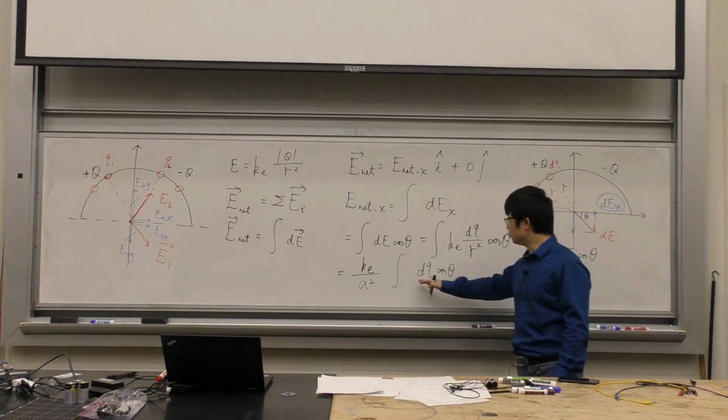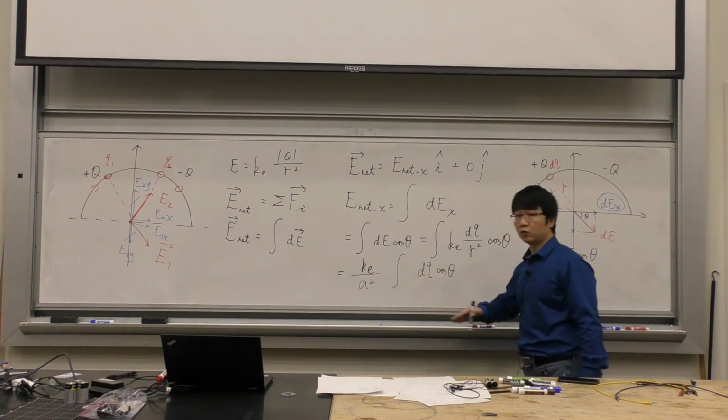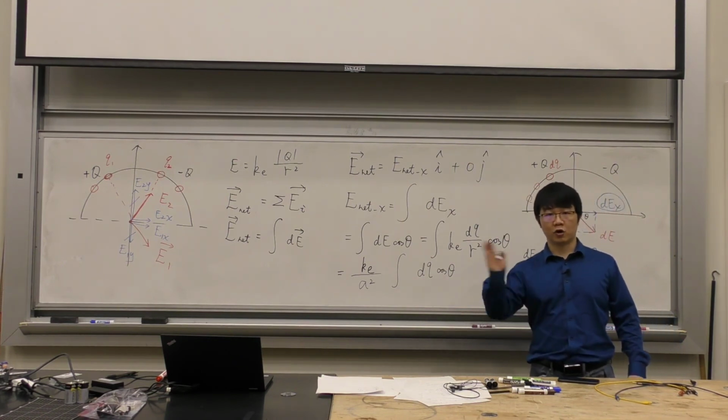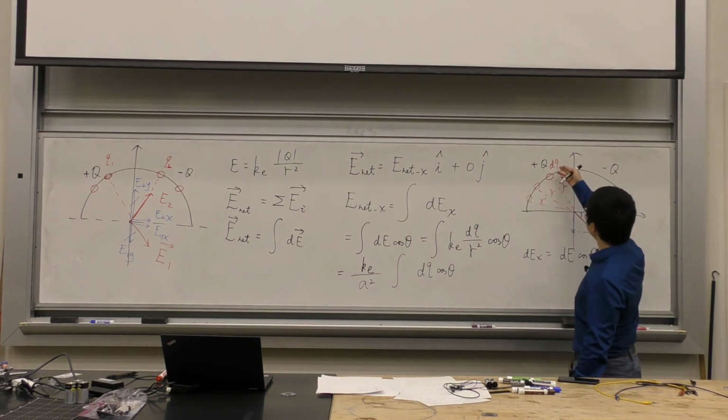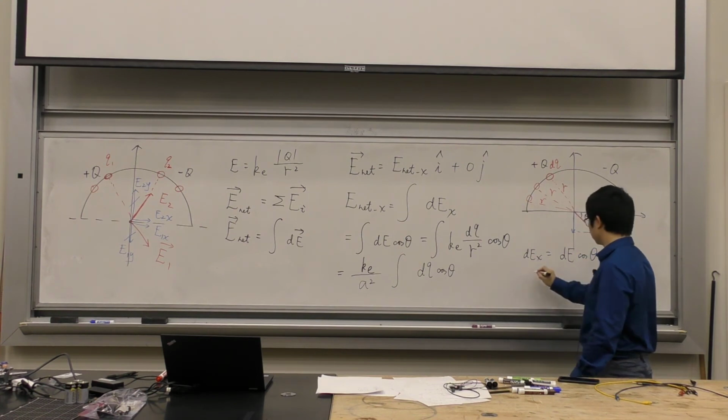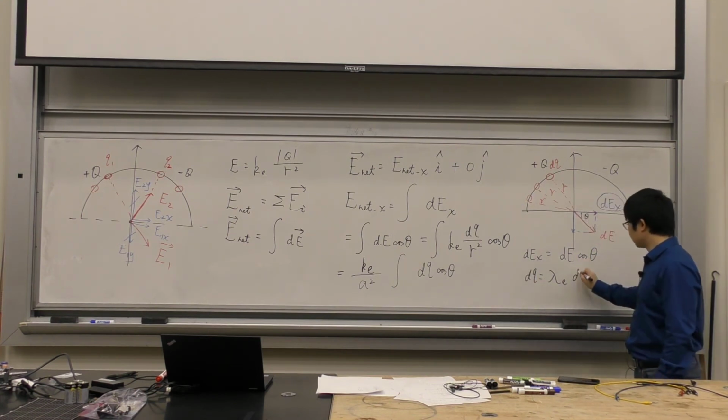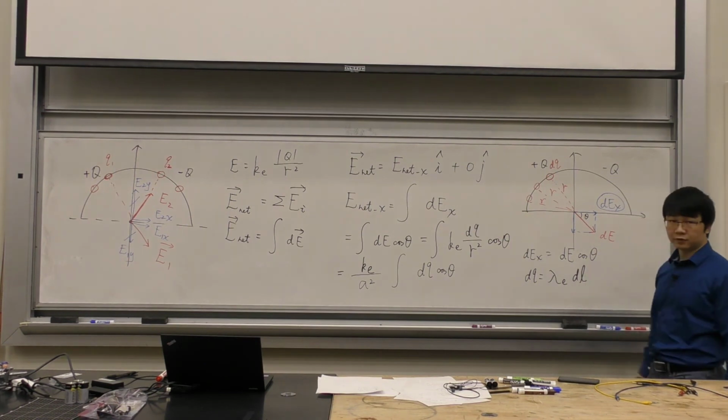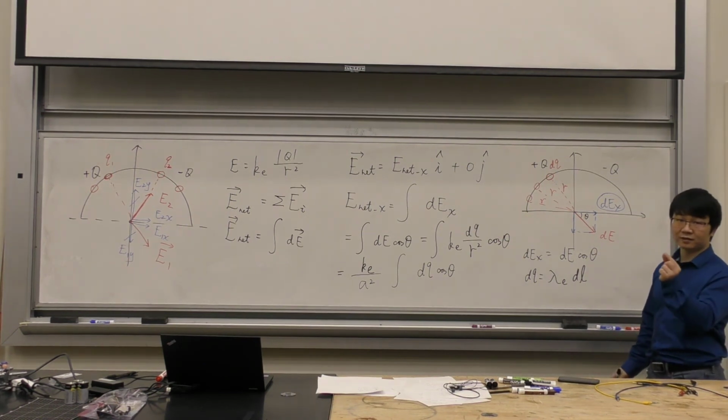Now this dq, we have done them many times, right? If it's a one-dimensional charge distribution, you can always write this dq as the linear charge density times the very, very small length of this point charge you pick, right?